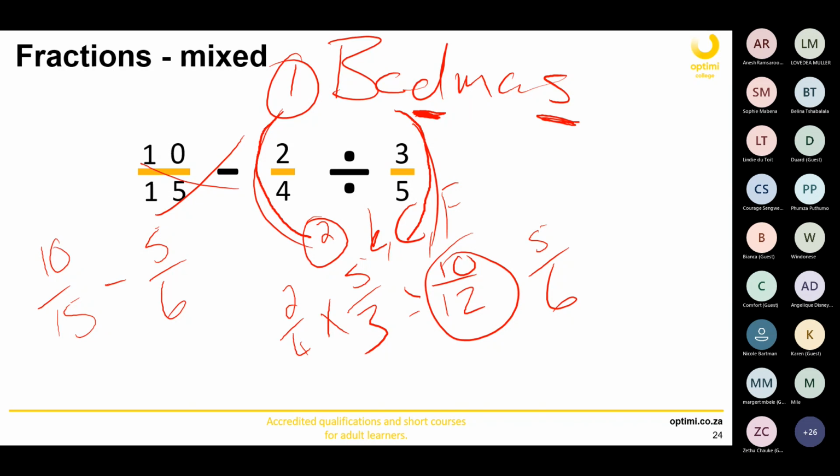I'm going to go with my route and say 6 times 15, going to give me 90, and then at the top I'm going to have 10 times 6 is 60 minus 5 times 15. How much is 5 times 15? 75. Minus. 60 minus 75 is minus, the answer is minus 15 over 90.